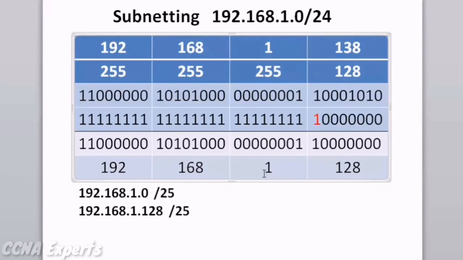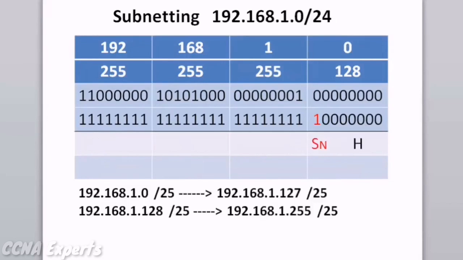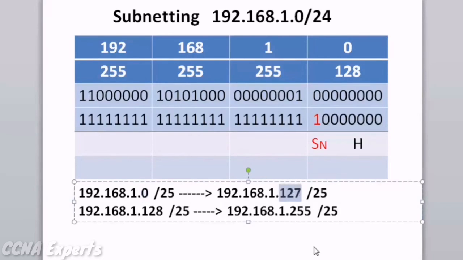we see that the network address is 192.168.1.128. So we've created two subnetworks from the single 192.168.1.0/24 network. The subnetworks go from 1.0 all the way up to 1.127, with 0 being the network address and 127 being the broadcast address.